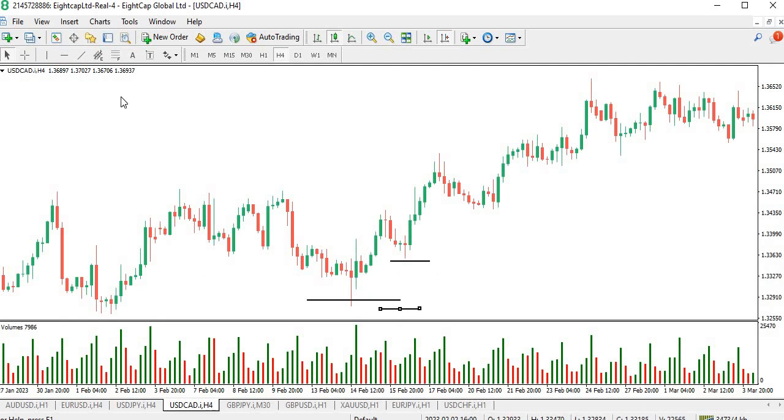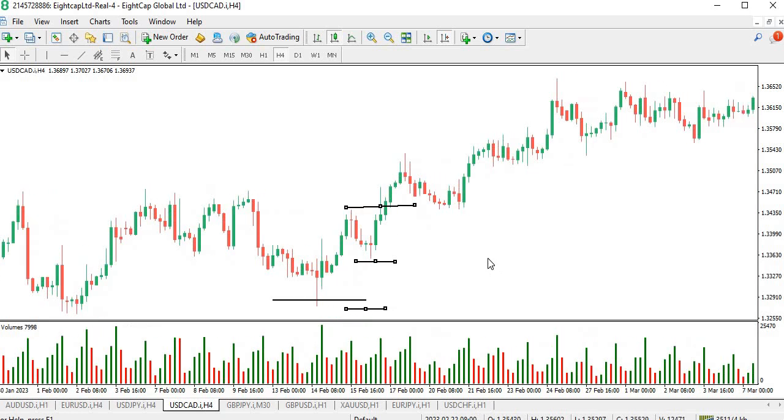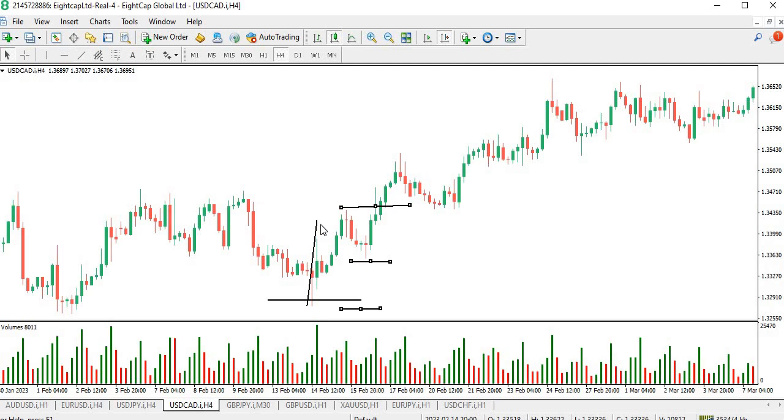So this handle area was the first point to trade this pattern. The second area was the high of this pattern, which is this area. Let's say we took the entry from this point. The best area to place the stop loss was below the handle, and you can see it was less likely to be triggered. Now how much profit should we target? We will count the pips it took for the market to form the cup and handle pattern.